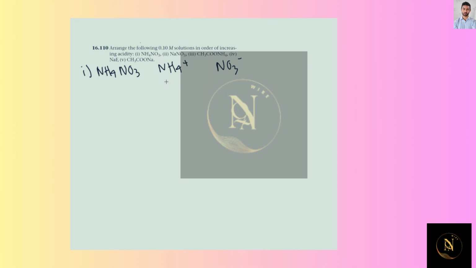When we're looking at our NH4+, it's a conjugate acid of a weak base. So this is an acid, but it's of a weak base. And then we have NO3-, which is a conjugate base of a strong acid.